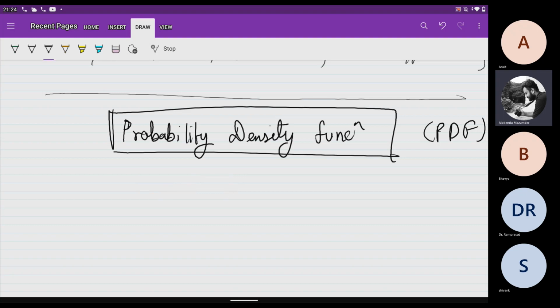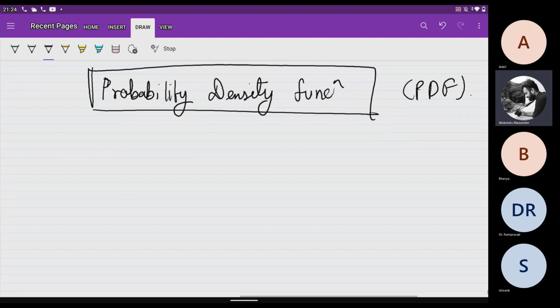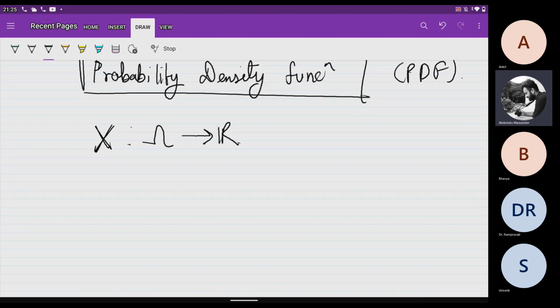Let me define random variable first. A variable x, capital X, which is a mapping from your sample space to a real line. It's basically known as a random variable. So random variable is something that takes some elements from your sample space and maps it to a real line.